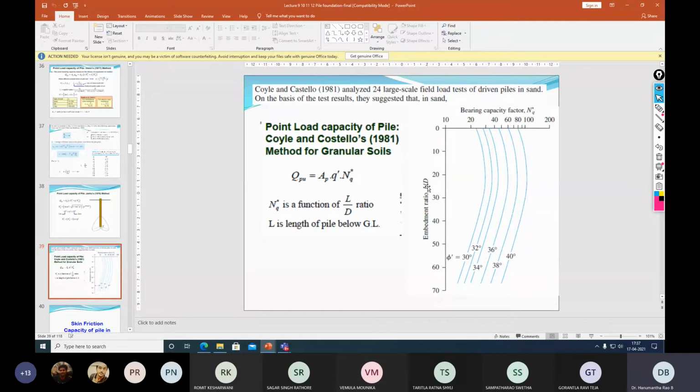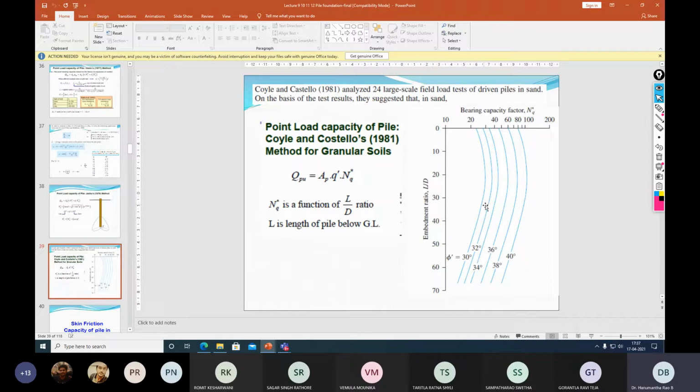So, try to calculate L by D, and phi dash is 35. Given phi dash is 35. So what is the value of Nq star? Sir, nearly 40. Okay. So 35 is somewhere here. And what is the value of L by D? 33, sir.